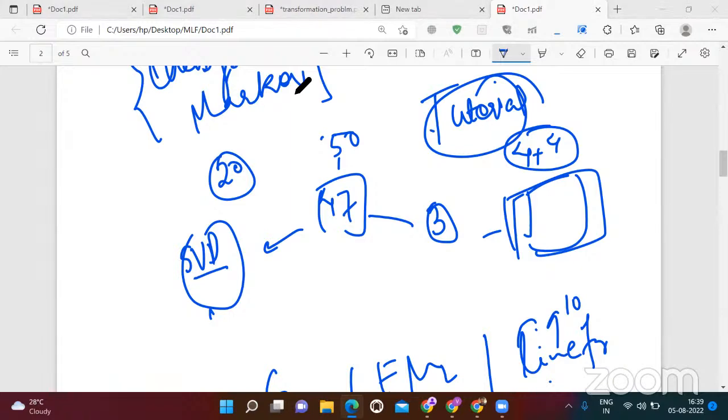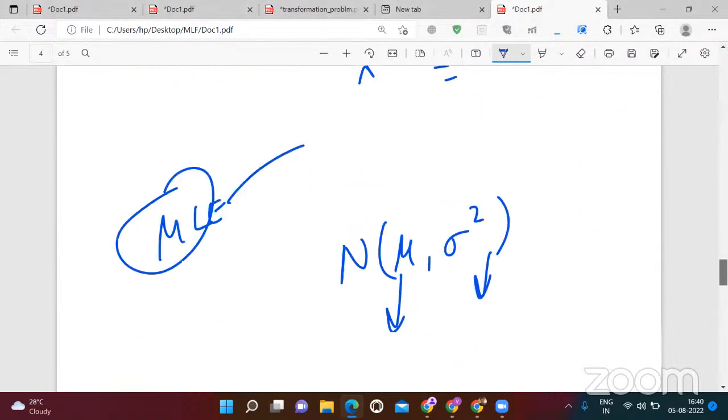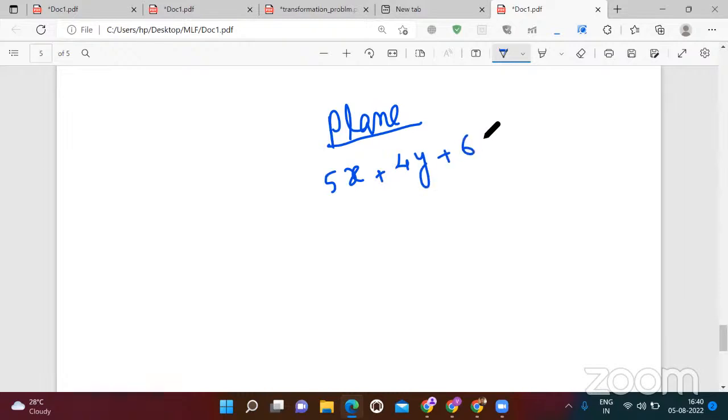Sir, can you repeat that R and D part of the plane? I didn't get it. So the R and D part, I was saying for the plane equations. For example, if one equation is given in the form of 5x plus 4y plus 6z equals something else, that doesn't matter.